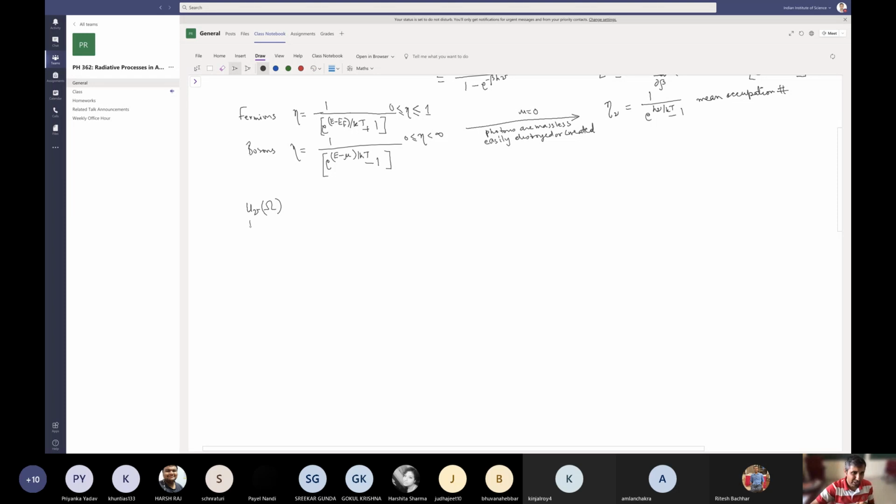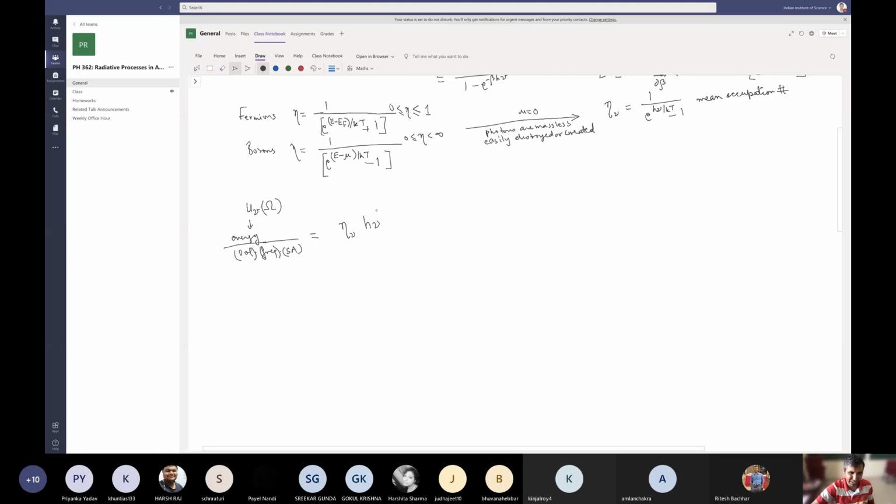So this is the energy per unit volume, per unit frequency, per unit solid angle. So this is our energy density. It is equal to, let me just write it, eta nu times h nu.